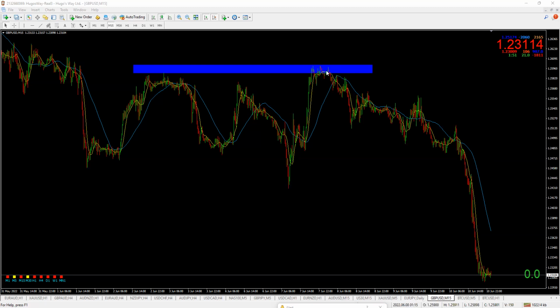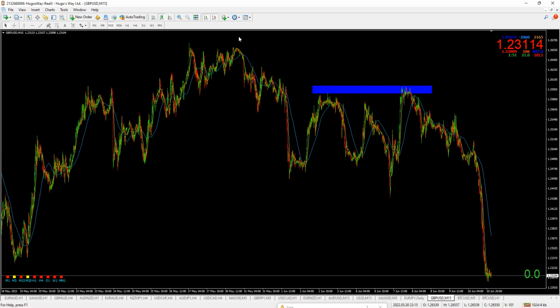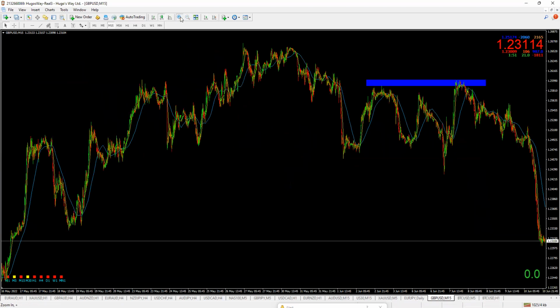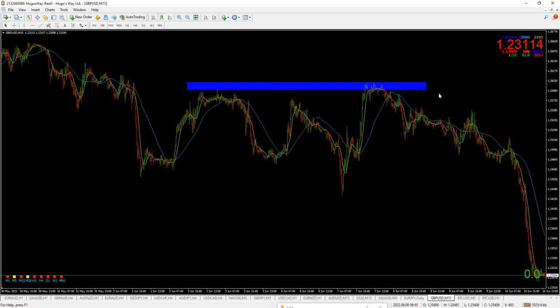Now, some traders might not so much bother with the Fibonacci tool, but just in case you want to, this is what it is. If you say this is the area of resistance and the price has come off that area, let's make it slightly bigger, and price has bounced off this area or reversed from this area, you most likely would want to target swing lows as where the price would probably get to.